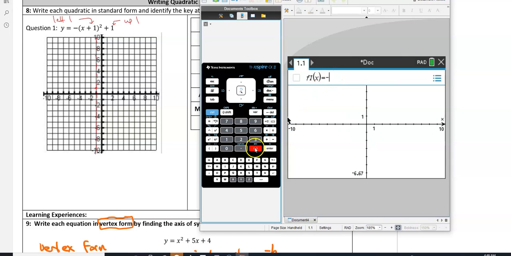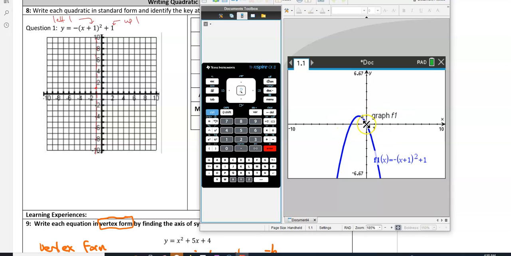And so that is negative parentheses x plus 1 parentheses squared plus 1.